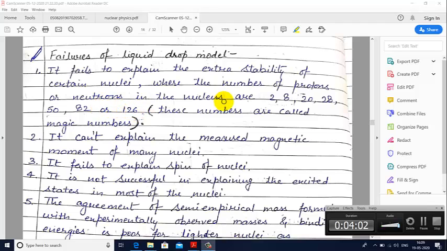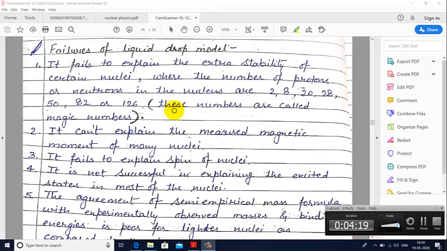You need to remember these numbers. These are called magic numbers. The nuclei having a number equal to any magic number are extra stable. So the liquid drop model fails to explain the extra stability of these nuclei.